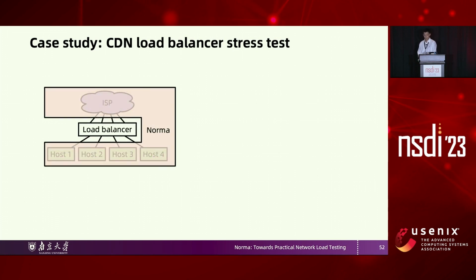To test the load balancer, we use Norma to emulate the traffic from both users and the backend services. Norma generates HTTP requests to the load balancer like an HTTP client, and then Norma responds to these requests, returning them back to the load balancer like HTTP services.